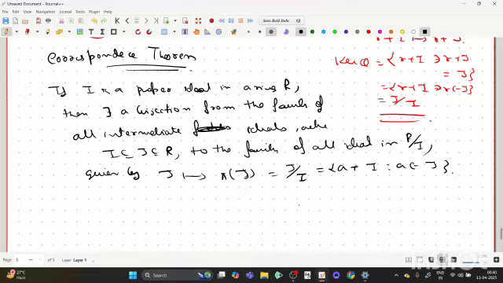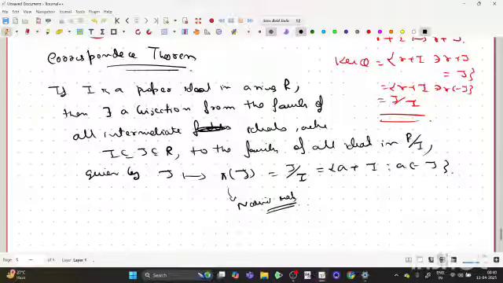Phi is the natural map. So we'll see a proof of this.